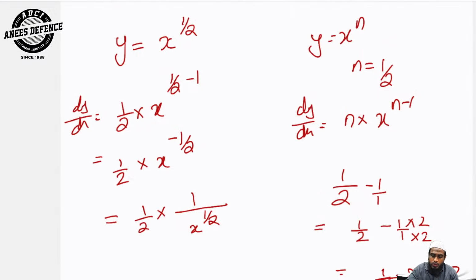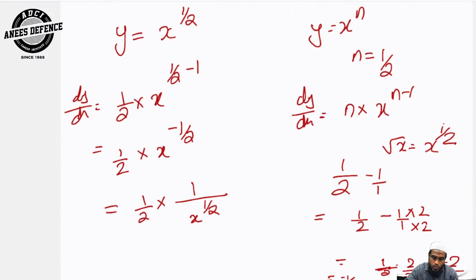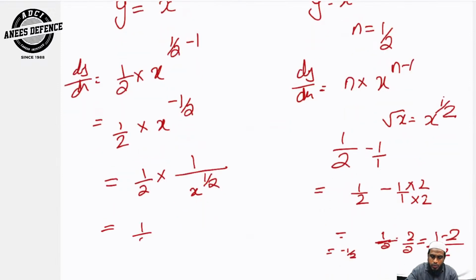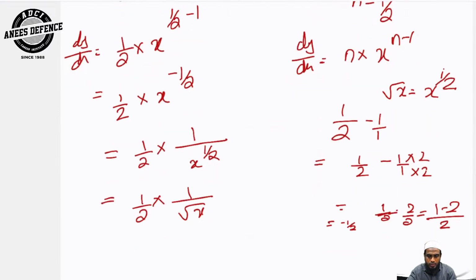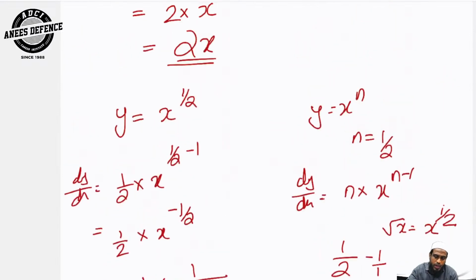What is x raised to 1 by 2? Root x can be written as x raised to 1 by 2. So it is 1 by 2 root x. Understood? So from where we started?